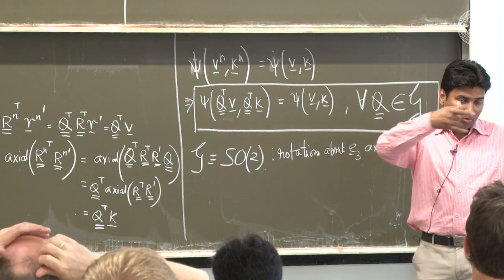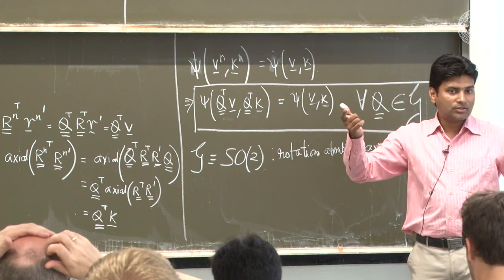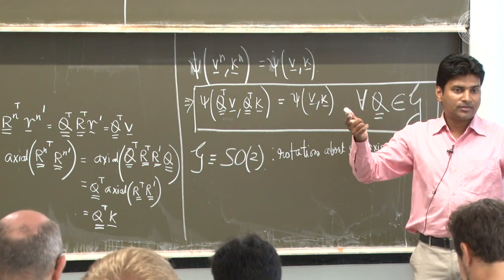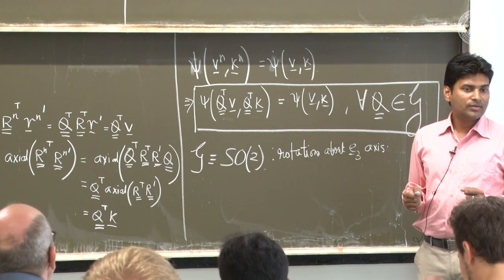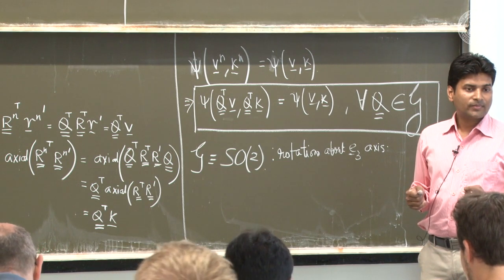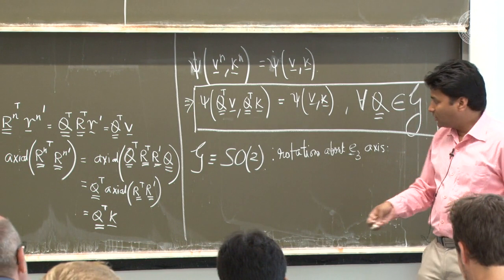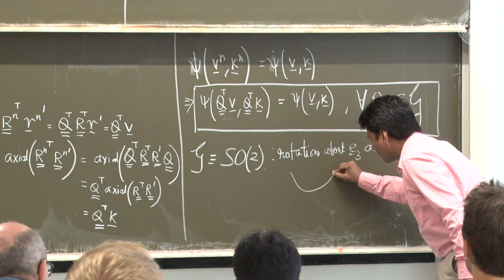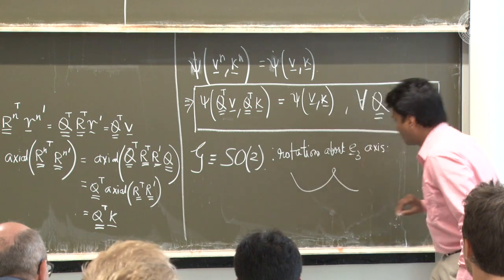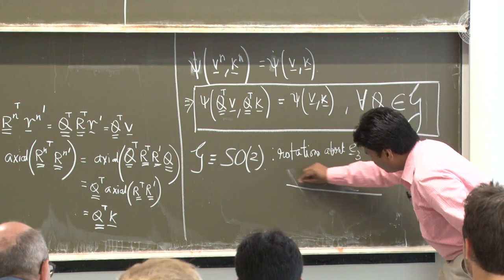So you think of that rope, you rotate about its axis, still looks the same, isn't it? I can draw a picture here.